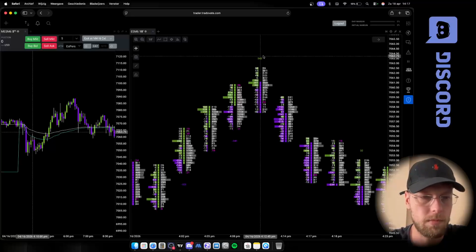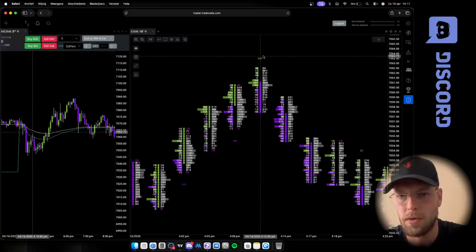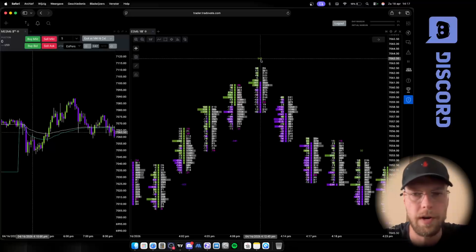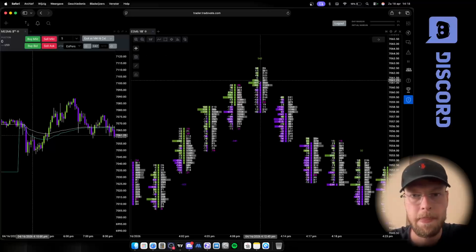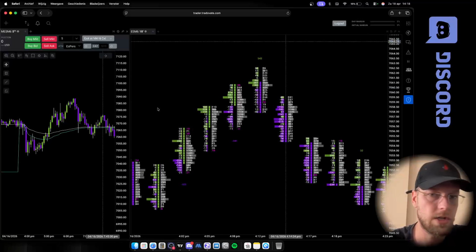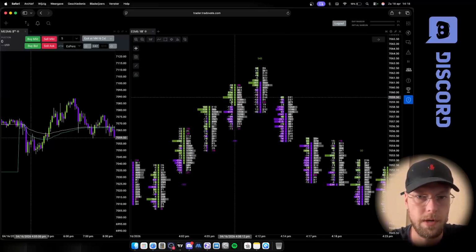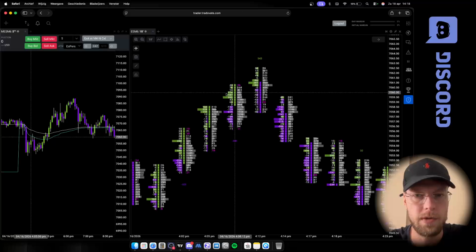So yeah, mini confirmation, extra confirmation, but I'm not relying on it. Even on the touch, very nice trade, and also especially this one with 335 positive delta.